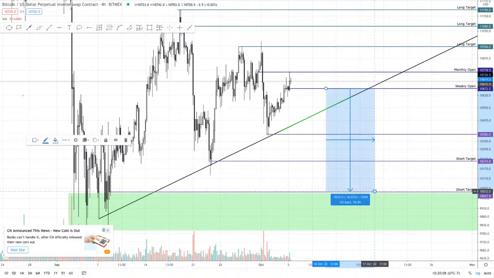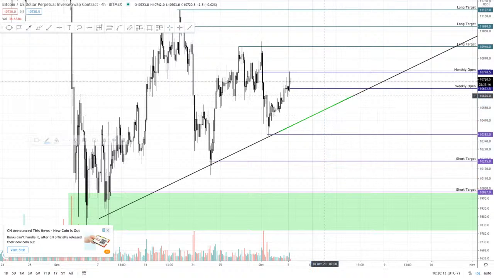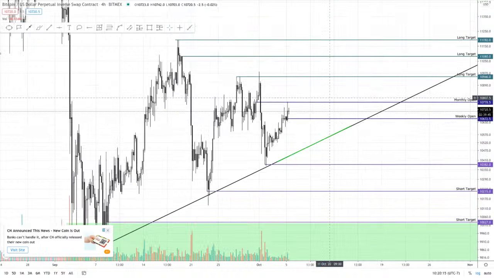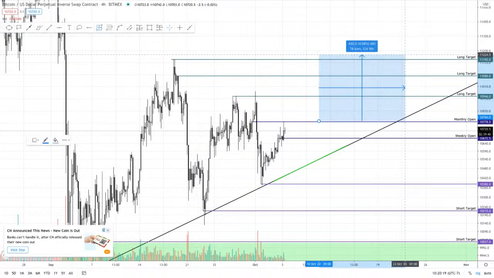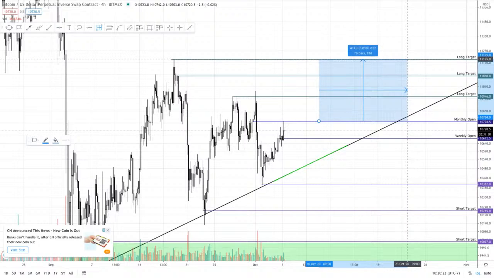There's definitely a lot of gains to be made, and vice versa. Let's see, above the monthly open to these targets, you have about a 400% gain if you take 10,778 to 11,1.